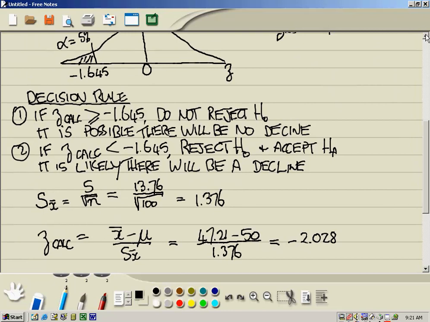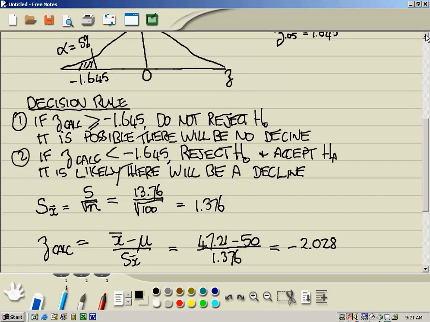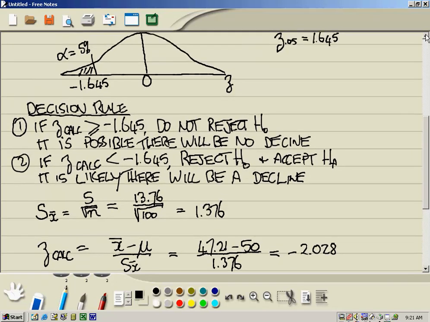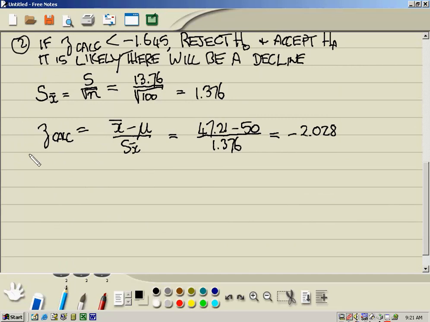Alright, now we're ready to make our decision. Scroll back to the diagram. Negative 2 will be somewhere down in the lower tail, outside the acceptance region. So we're in the rejection region now. So we follow part 2 of the decision rule.